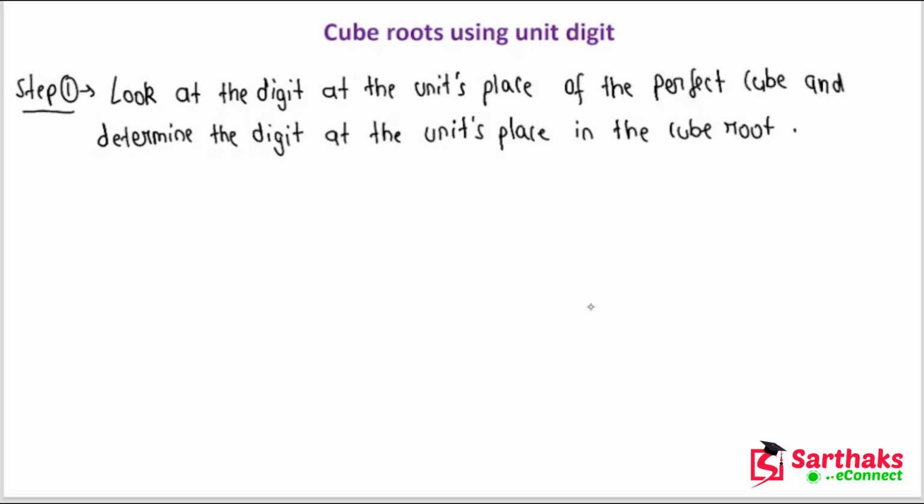Suppose tomorrow I give you 343, right? Seeing the unit digit 3, you can determine that the cube root will have unit digit 7. Obviously it will only be the cube of 7, but that is what we are talking about.